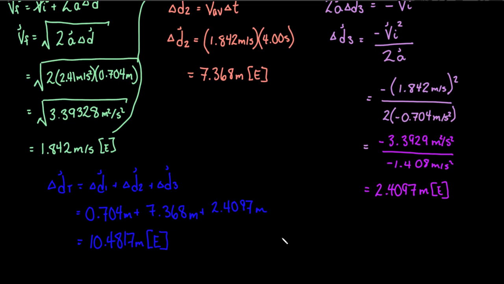And we had three significant figures. So to answer part B, we're just going to round it to 3 sig figs. It says his total displacement over this entire motion was 10.5 meters in the east direction.